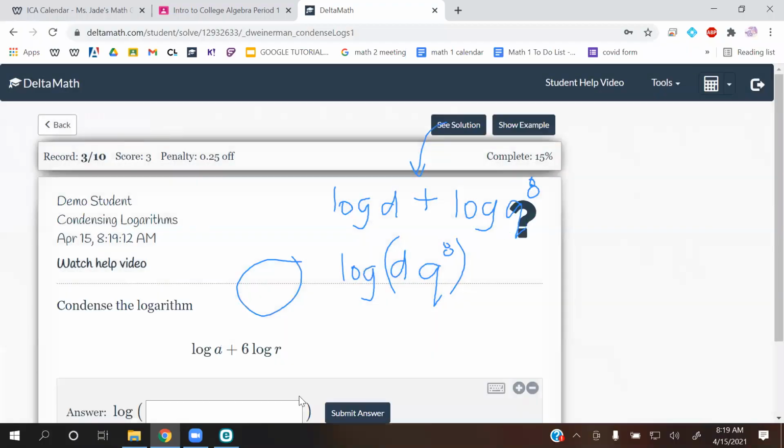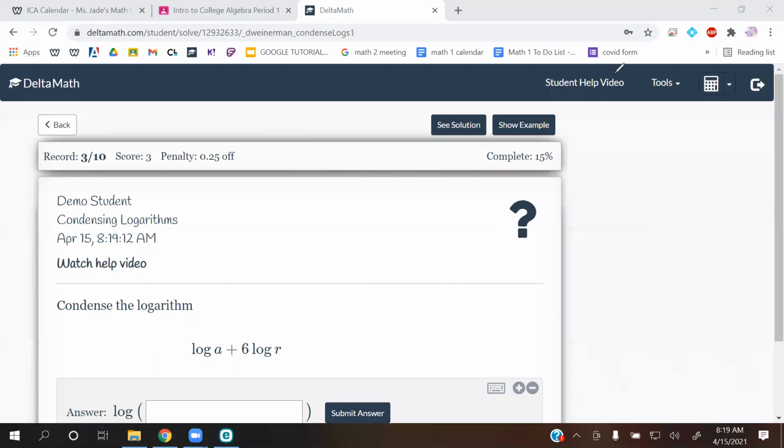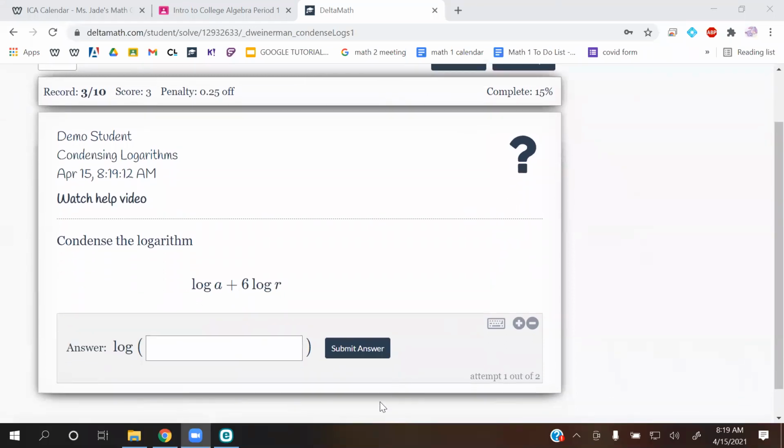Next problem. Let's do 2 more. Okay, so log a, we can just leave it as log a. Log of a plus, okay, 6 log of r becomes log of r to the power of 6.